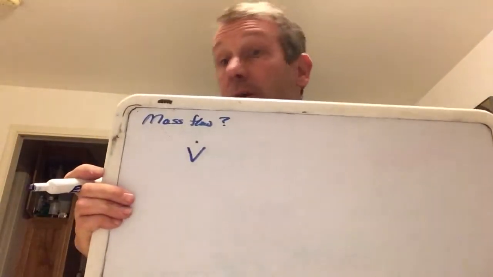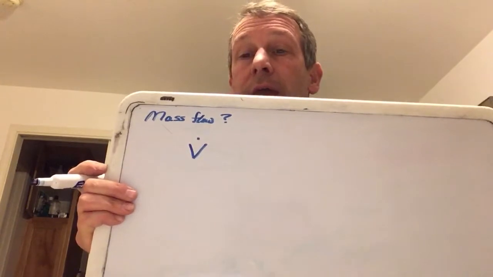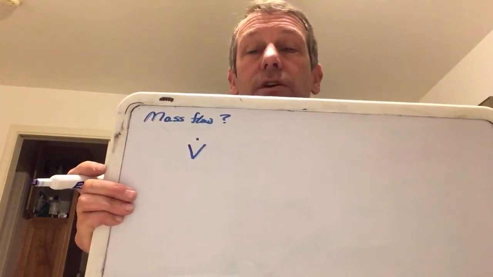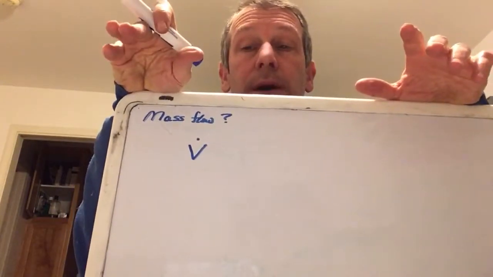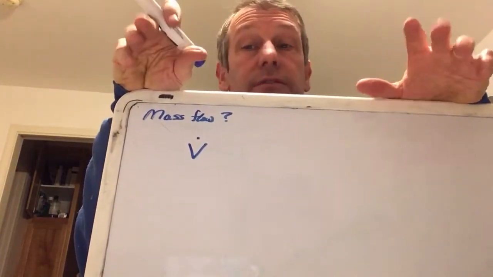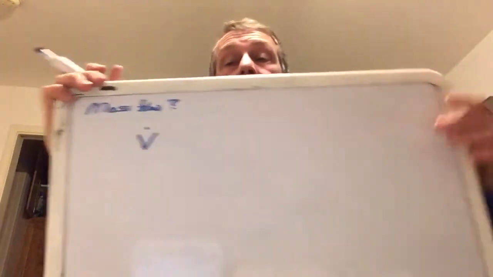Quick reminder, the book symbolizes it with a V with a dot over it. So volumetric flow rate, that would be something like meters cubed per second. And what if we want to actually get mass flow rate? Well, if you took meters cubed per second and multiplied it by kilograms per meter cubed, that's going to give you mass flow rate. And what I did there was I took the volumetric flow rate and multiplied it by the density.